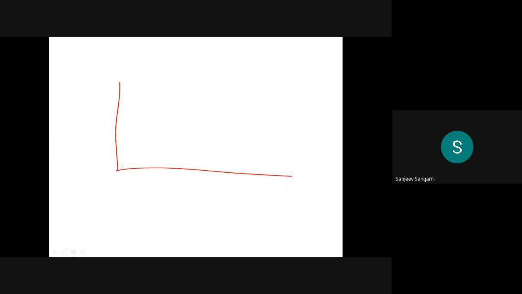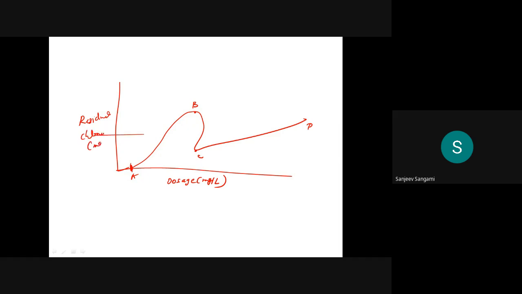It will be like this curve, where many stages will be there: A here, B here, C at this point, and D. This graph is the dosage in milligram per liter versus the residual chlorine. This you already know.